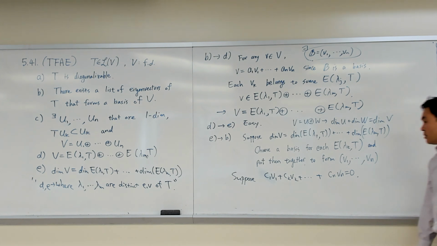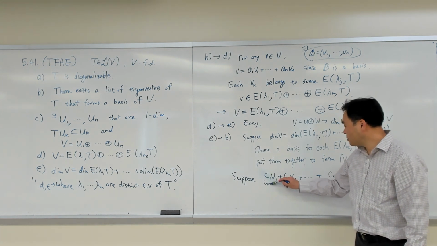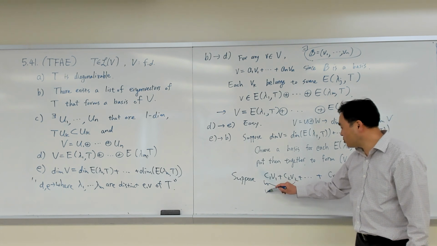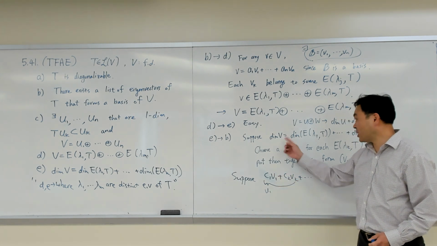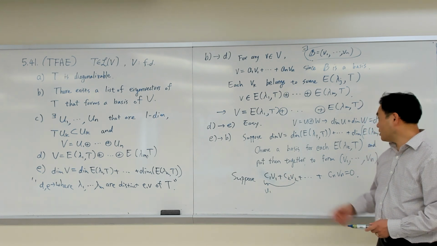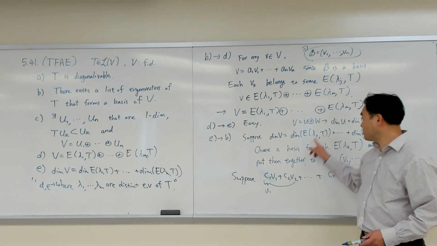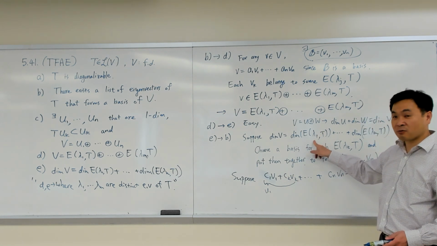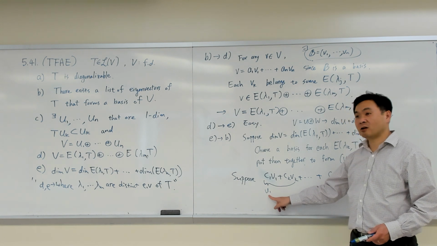Then you can combine them into a single vector u1 if they belong to the same eigenspace. So if this is dimension 2, and v1, v2 are from the first eigenspace, then you combine them to get a vector u1.